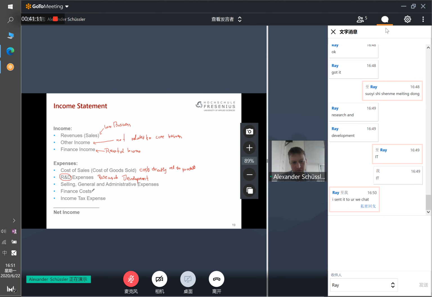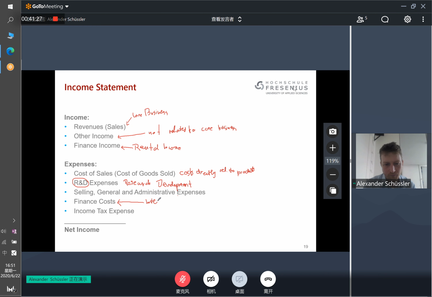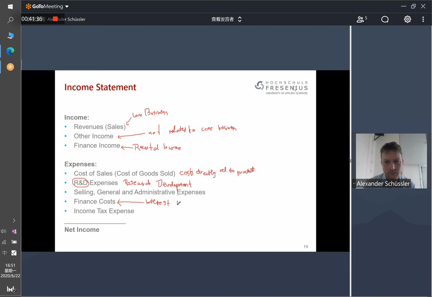Then we have finance costs. What could be finance costs? This is interest expense.